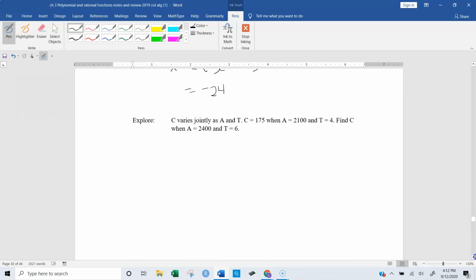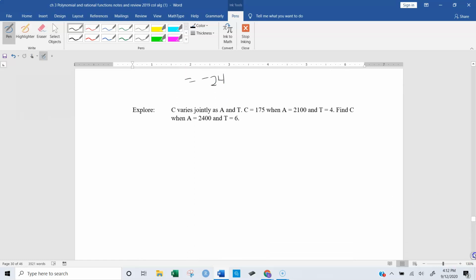Okay, let's try it with a little bit of a story problem, a little bit of context. C varies jointly, so we've got a K, we have two things, as A and T, so nothing fancy, just multiplying. Okay, C is 175. How do you like that cat? I thought it was pretty clever there.